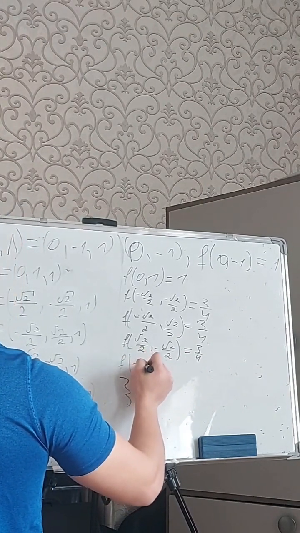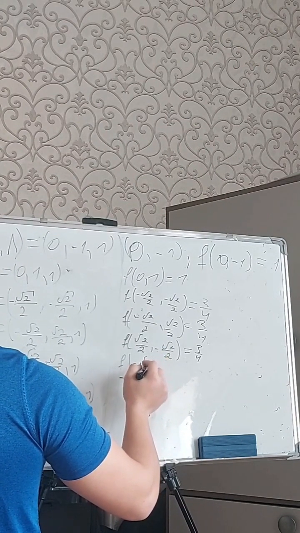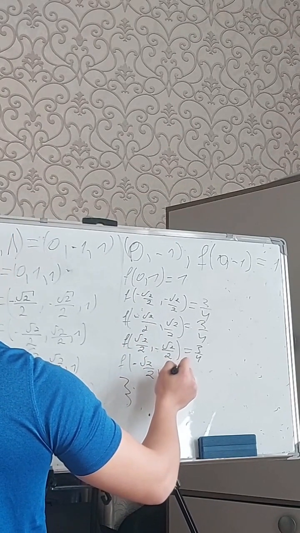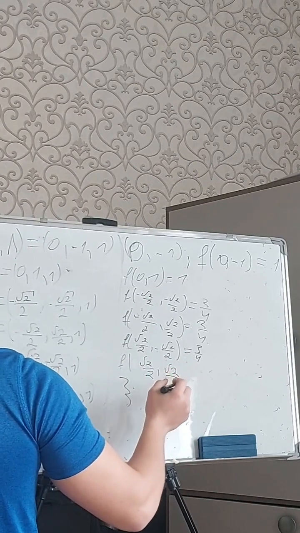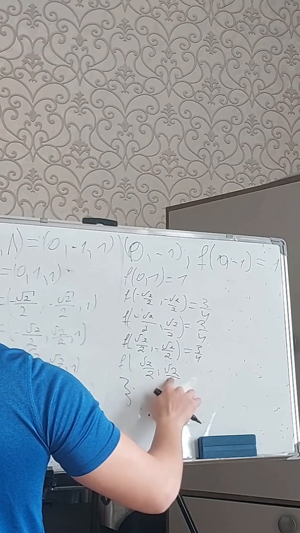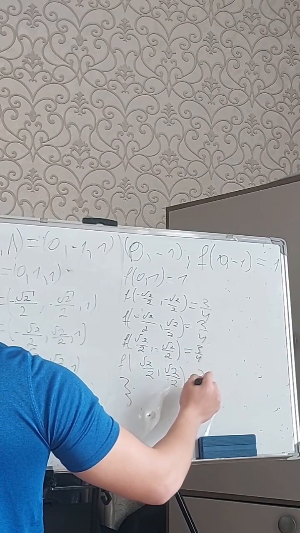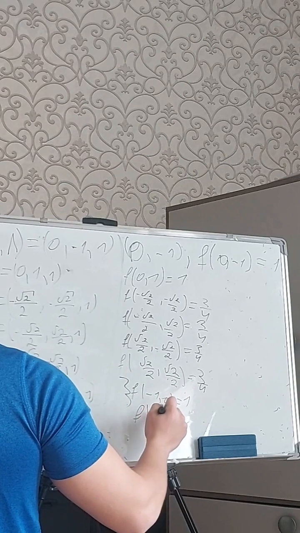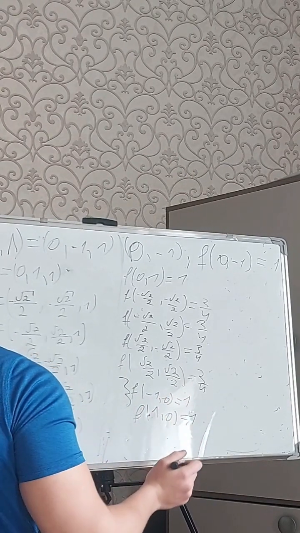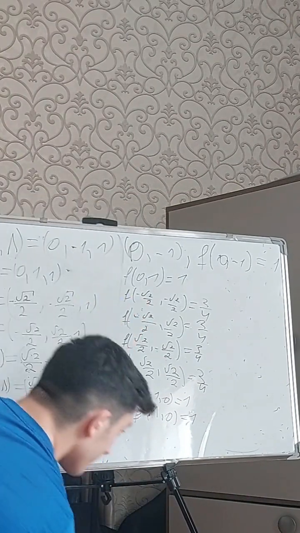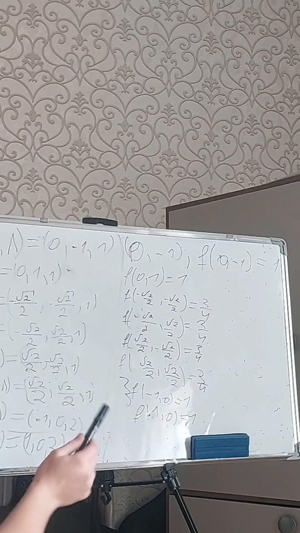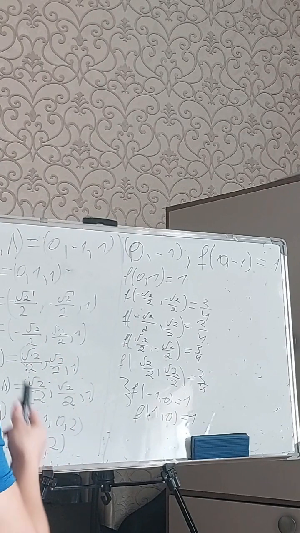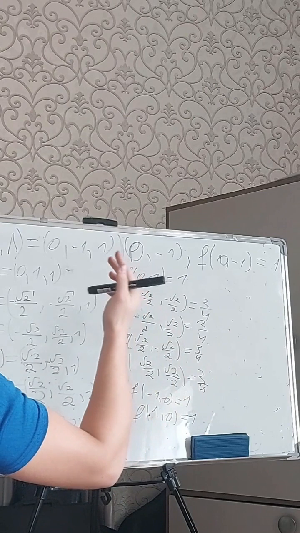Given these values, the points where the function value is 3 over 4 are the minimum of the function under the given constraint, because they are the lowest values obtained.